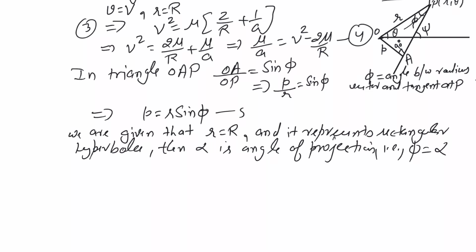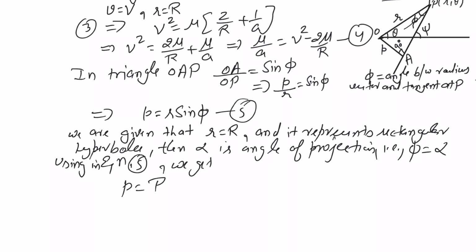So using equation 5, we get P is equal to capital R sine alpha. Okay, and this you will name as equation number 6.